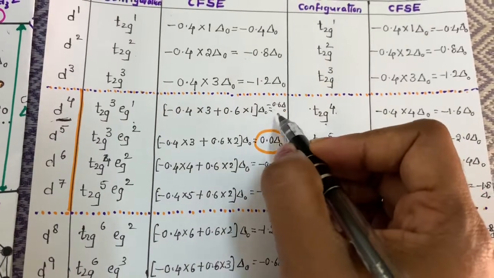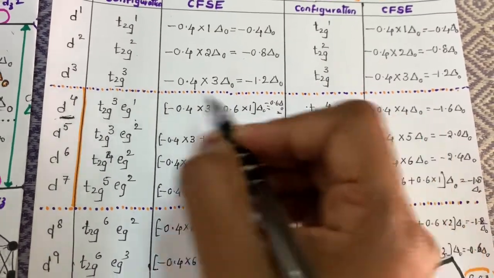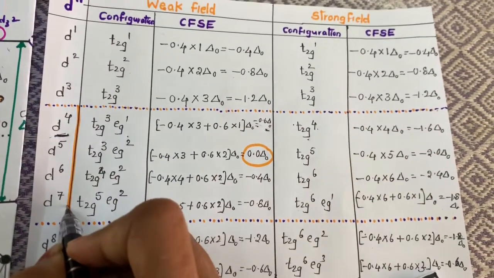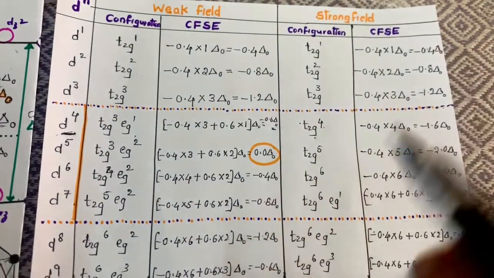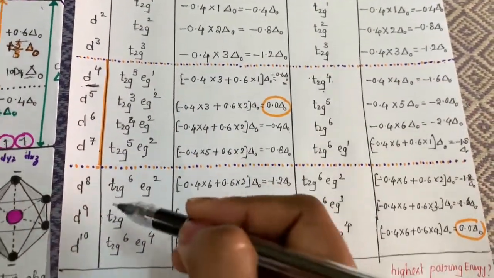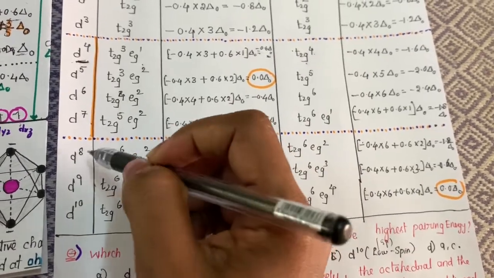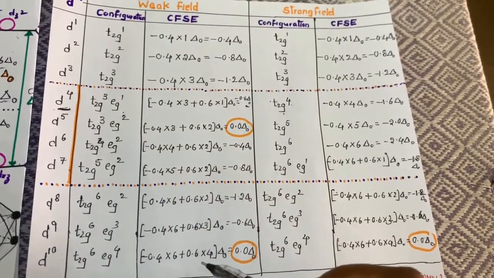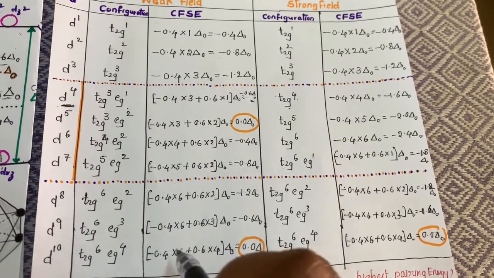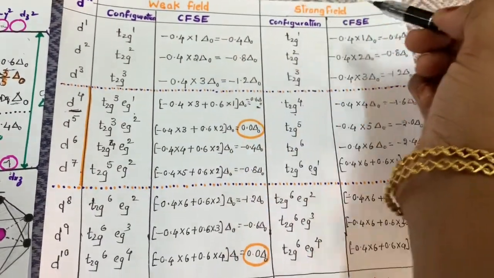So the CFSE value is going to vary from d4 to d7 configurations between weak field and strong field. Next, move to the d8, d9, d10 configurations. For these three configurations, the CFSE value and the pairing energy are the same for weak field as well as strong field.